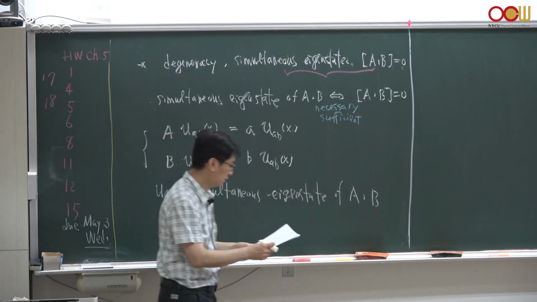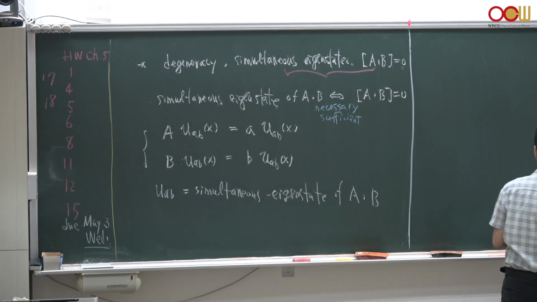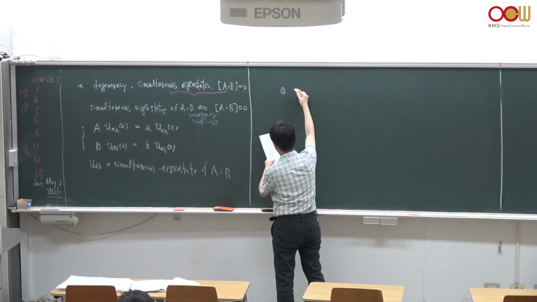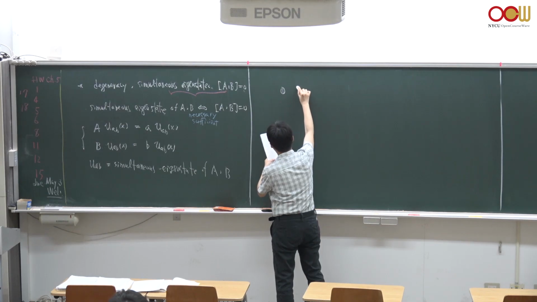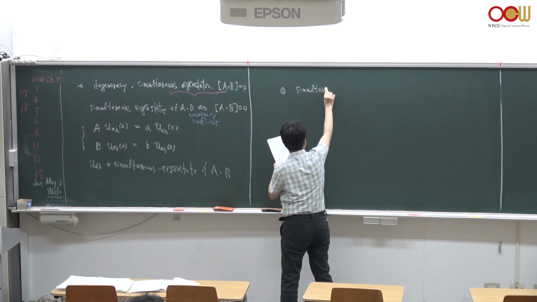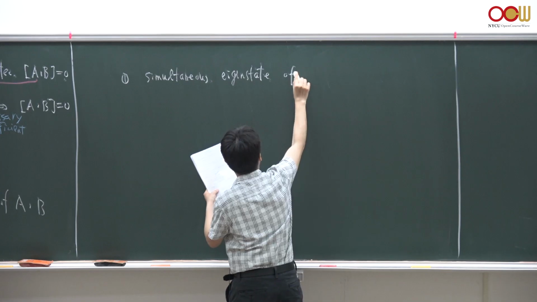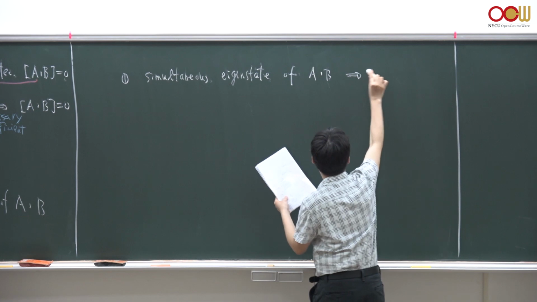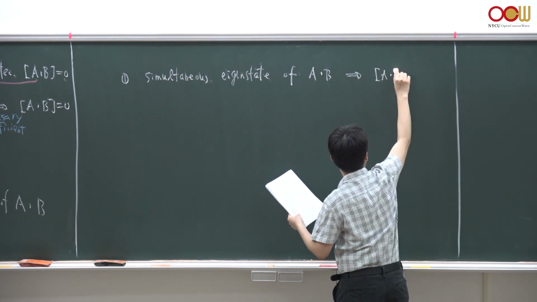If this is the case, then we can show that these two operators do commute, which means we go from the left to the right. Let's prove that if we find such a simultaneous eigenstate of A and B, then they must commute.